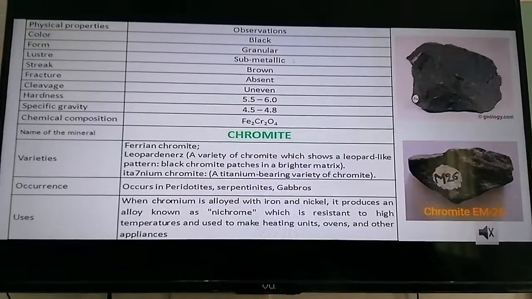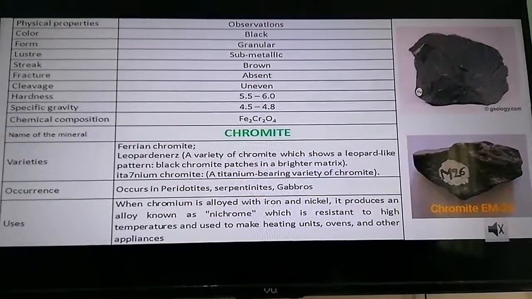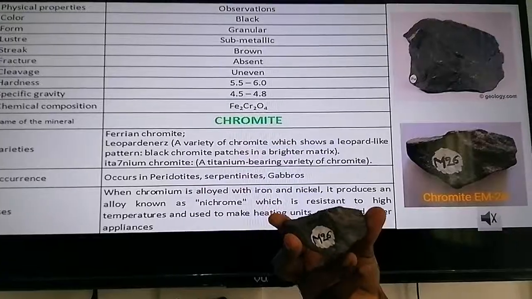Coming to another mineral, chromite. Its code is shown as M26.